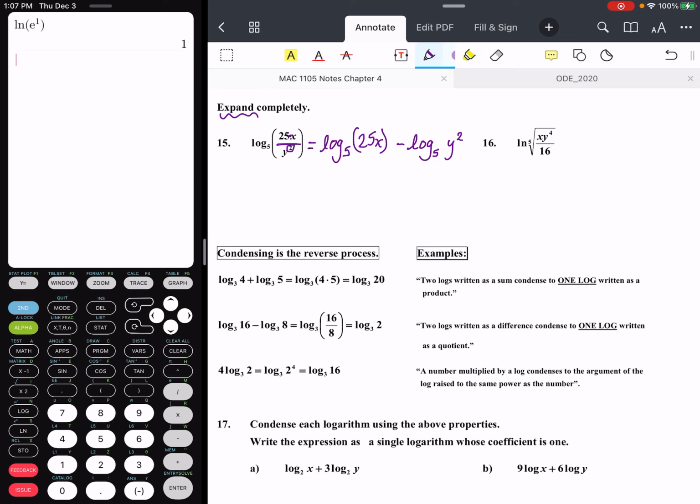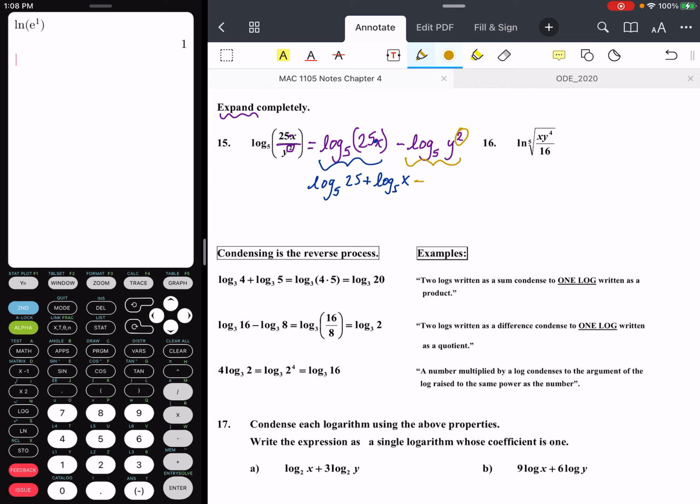And just keep asking if you can continue to expand. Right here, log base 5 of 25x, I have a product, so I can go ahead and apply the product rule. Log base 5 of 25 plus log base 5 of x. And then over here, I have minus log base 5 of y squared. I could apply the power rule here.